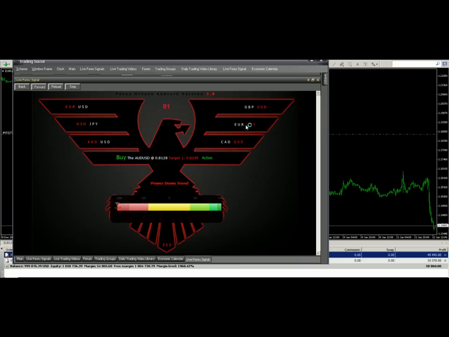On the euro yen, we have a sell, but at the current moment, if you're a manual trader, it also gives you advice, and this particular advice is do not trade, which is very important. Here in the euro dollar, we also have weak downtrend, so it's giving me a heads up that things are starting to get a little bit soft here.